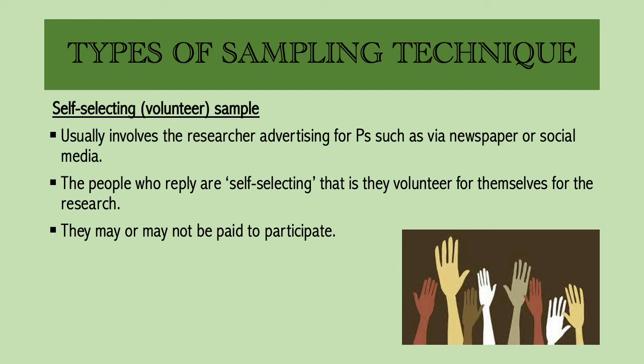If they want to volunteer, then that person will become a participant. So this kind of sampling is volunteer sampling, or we call it self-selecting, because the participants offer themselves. They select themselves to be part of the research. So this is another method of recruiting participants, by getting volunteers. Okay.